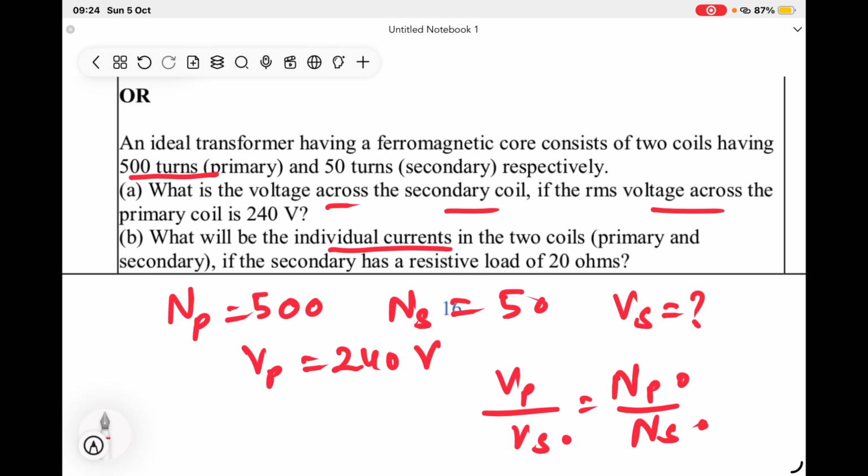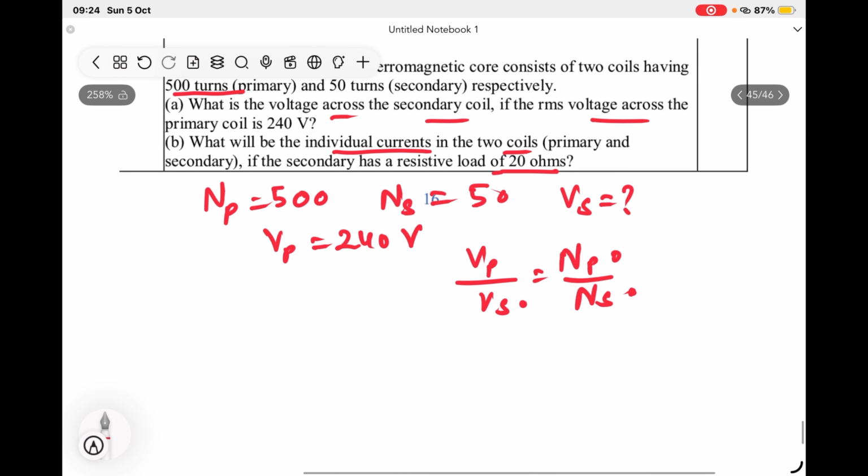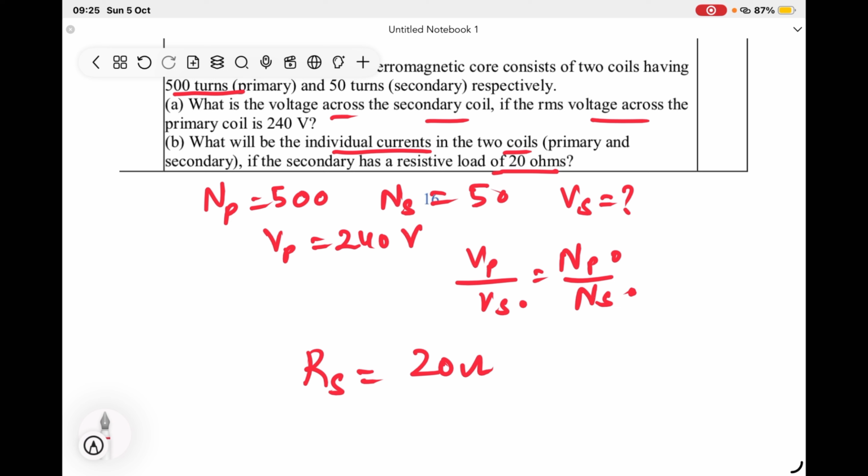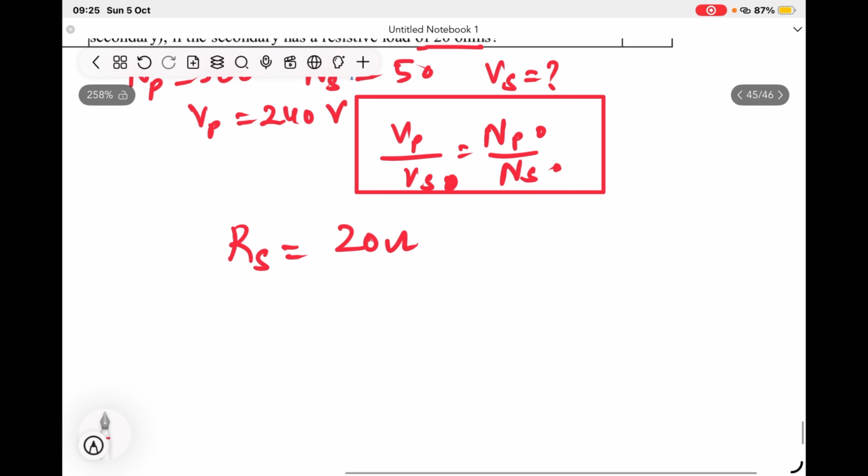What will be the individual currents in the two coils if the secondary has a resistance of 20 ohm? So now you can use again the resistance of the secondary, given as 20 ohm. Just now you calculated V secondary using this formula.